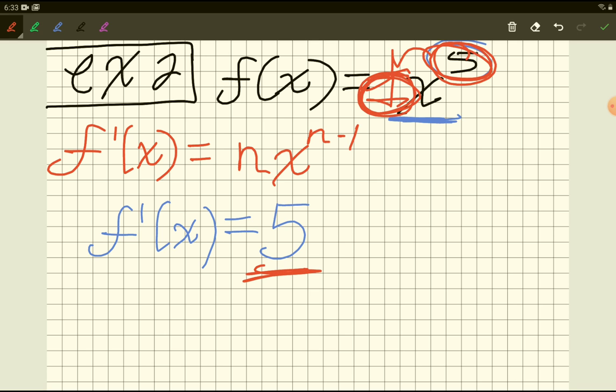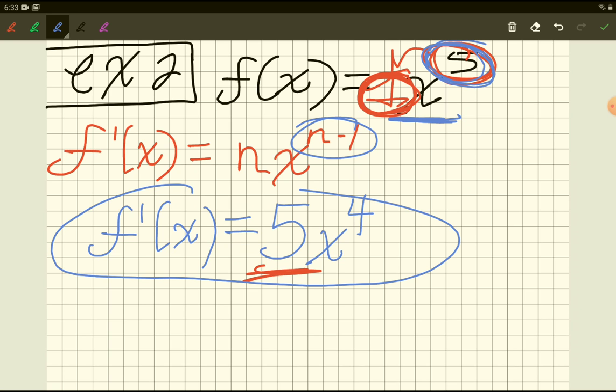You'll see other coefficients in future examples. But for now, I have 5, and we're not done yet, x. Don't forget we have to subtract 1 from the original exponent, so that's 4. So that's your final answer.